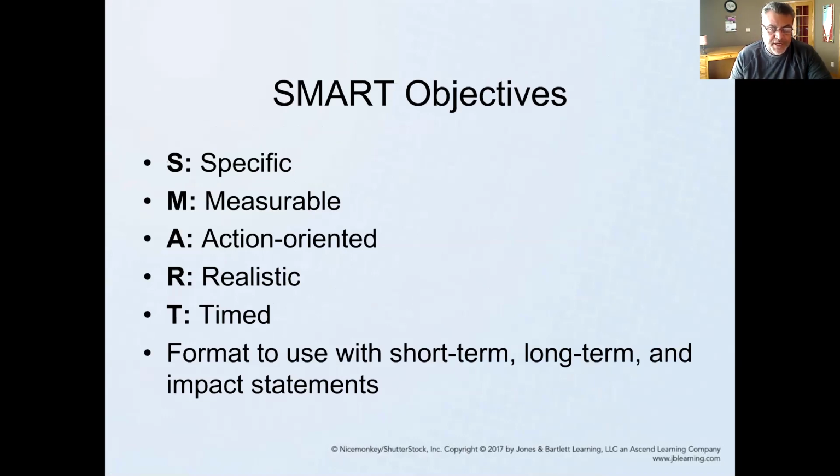So these objectives that you formulate will be better served, and your work is more valuable, if you stick with the SMART acronym: specific, measurable, action-oriented, realistic, and timed. As much as you can, keep your objectives specific. Try not to solve the whole world's problems at one time. Try to focus on your objective.